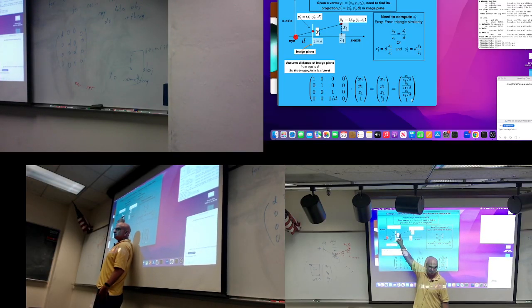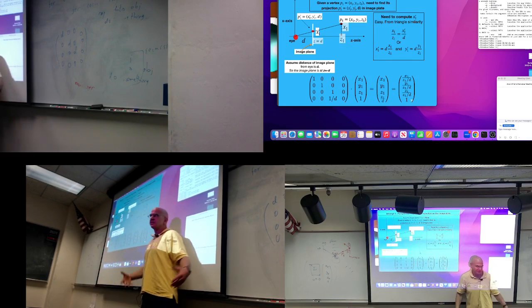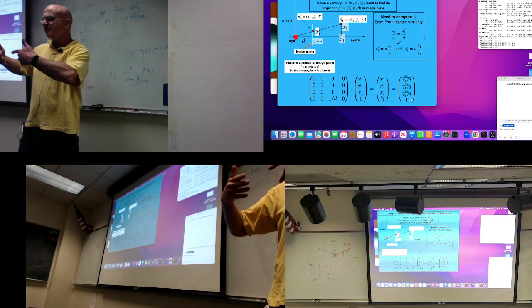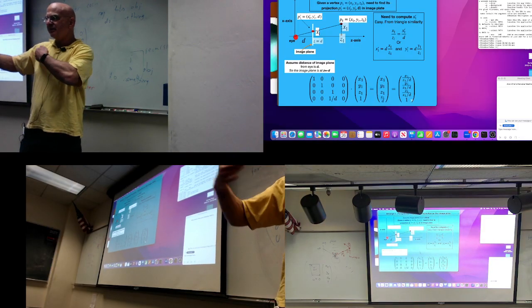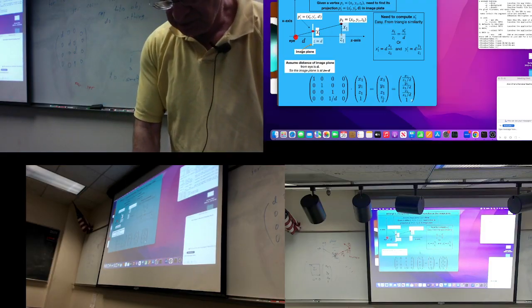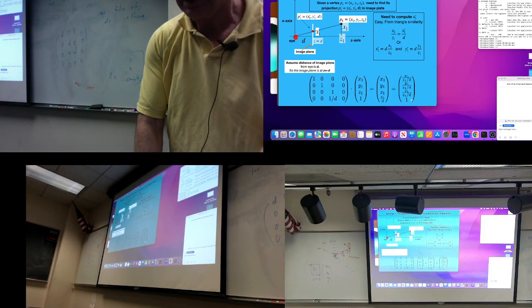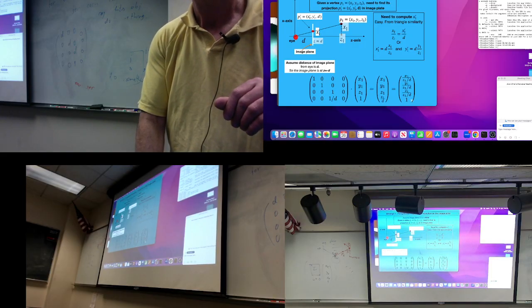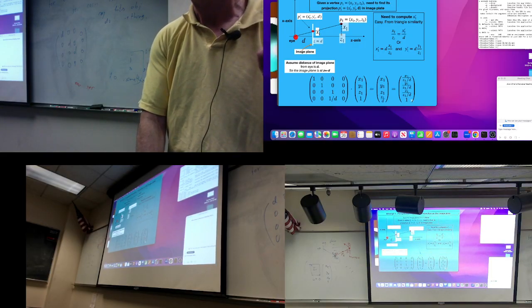And once I use this transformation, they both have exactly the same D value, the same Z value, which is D. And I have no idea which one is closer to the viewer. So this projection did half of what I wanted, but I lost the depth.